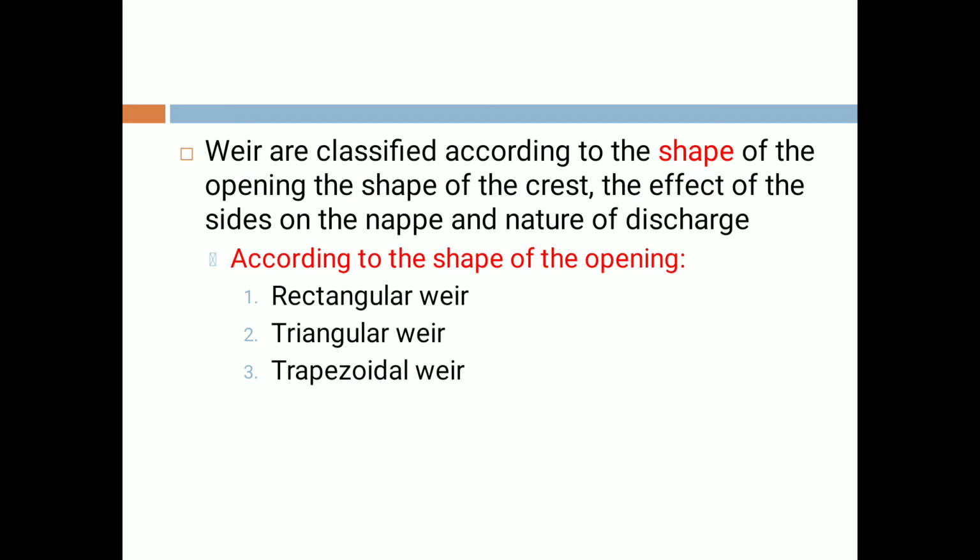Then classification of weirs. Weirs are classified according to the shape of opening, the shape of the crest, the effect of the side on the nappe, and lastly the nature of discharge. According to the shape of the opening, weirs are classified into 3 types: rectangular weir, triangular weir and trapezoidal weir. Trapezoidal weir is also called Cipolletti weir.